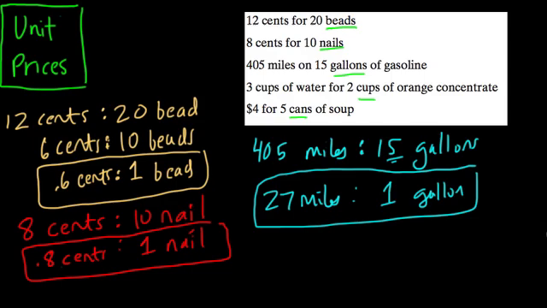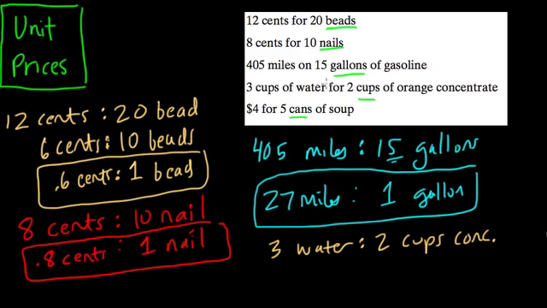In the next one, we're told we have 3 cups of water for 2 cups of orange concentrate. Concentrate is almost like a mix or a powder that we use to make a drink. This one's actually a little tough, because you're not sure: do you want to know how much concentrate you need for 1 cup of water, or how much water you need for 1 cup of concentrate?